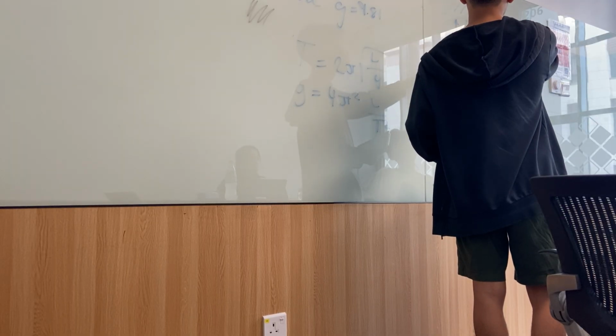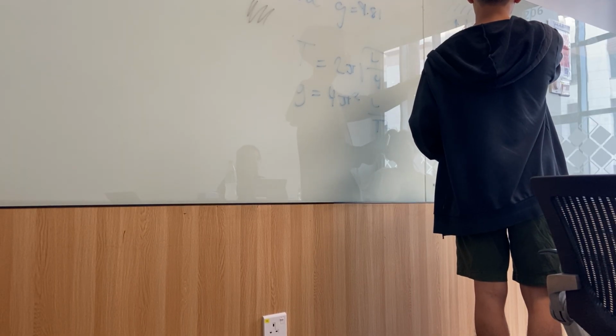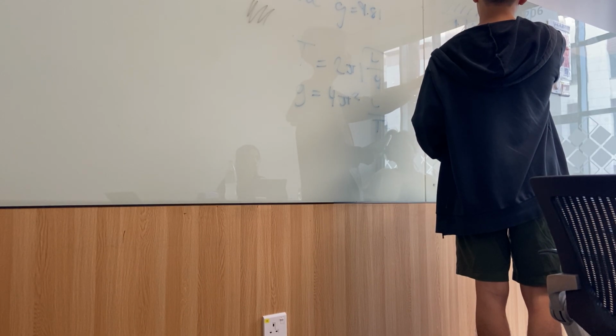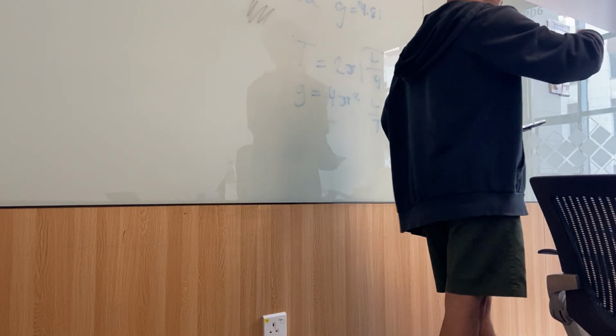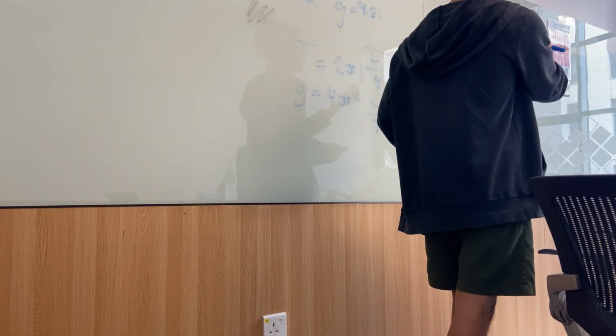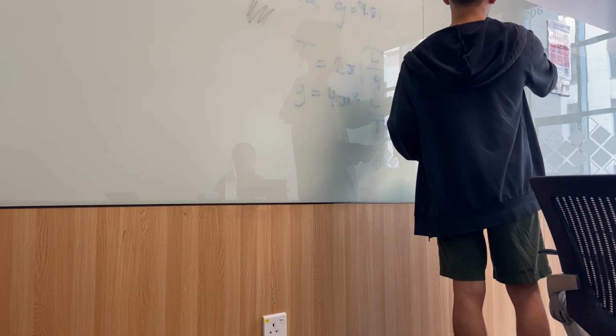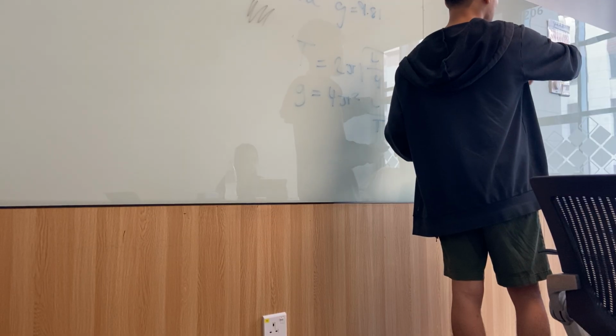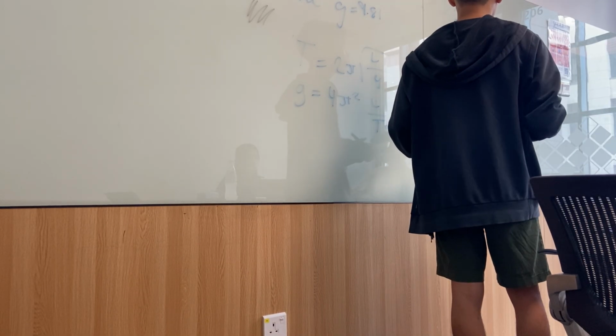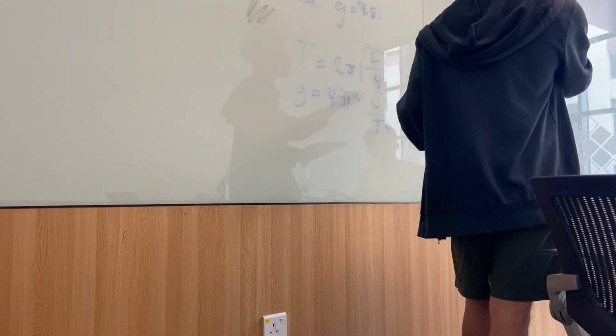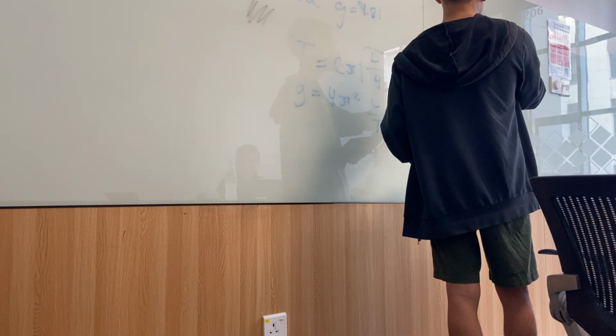So it's very simple. For our experiment, we're probably just going to ask for a string, a ball or something, and then we're going to wrap it around a retort stand and just leave it there. And then to calculate the period or the number of oscillations, we're just going to use a simple timer. So this should be all we need.